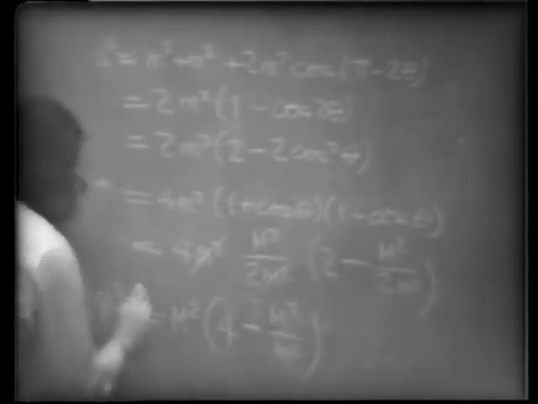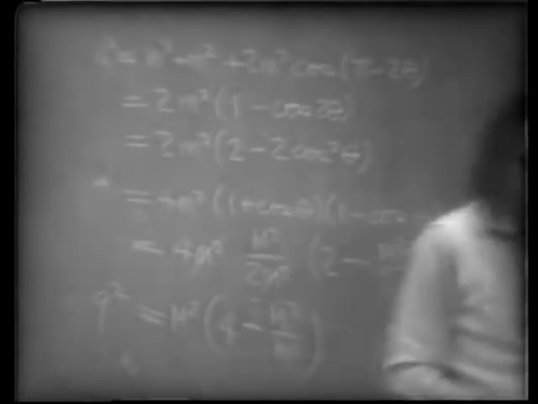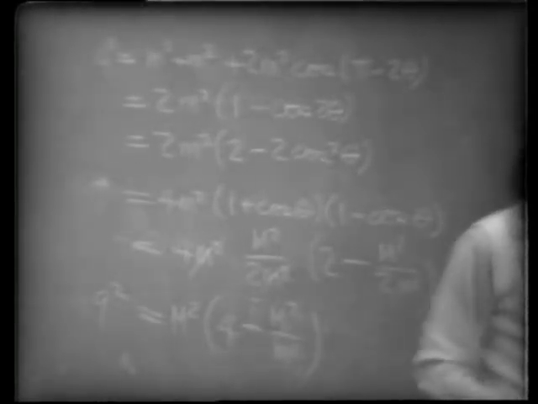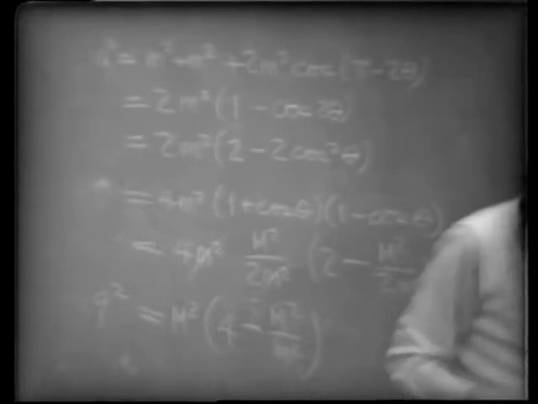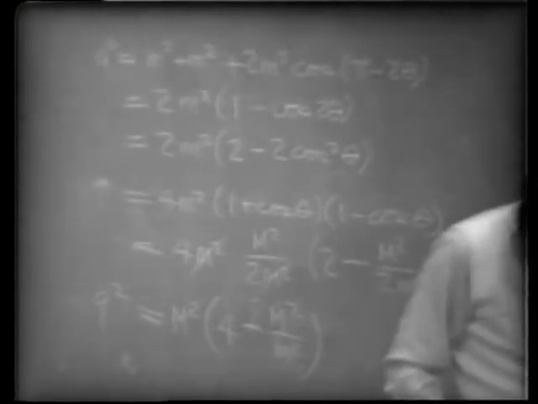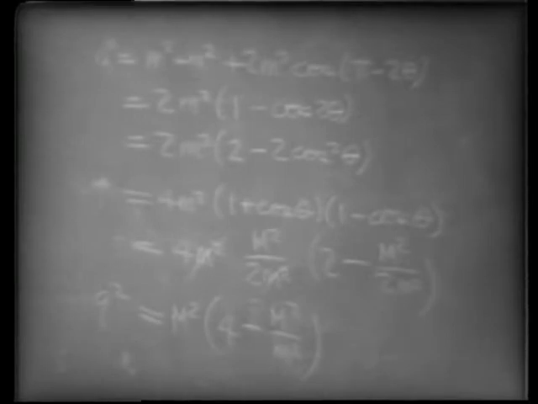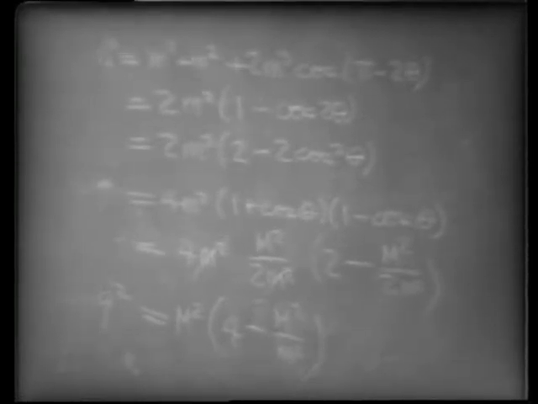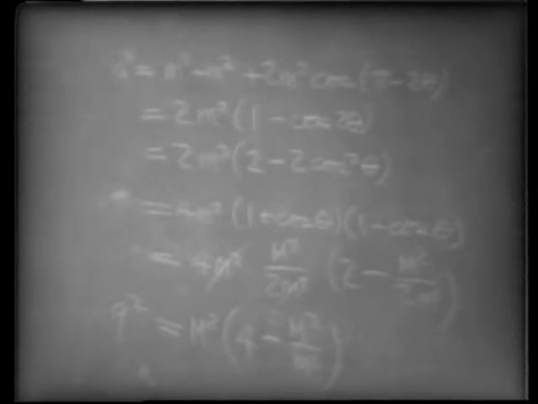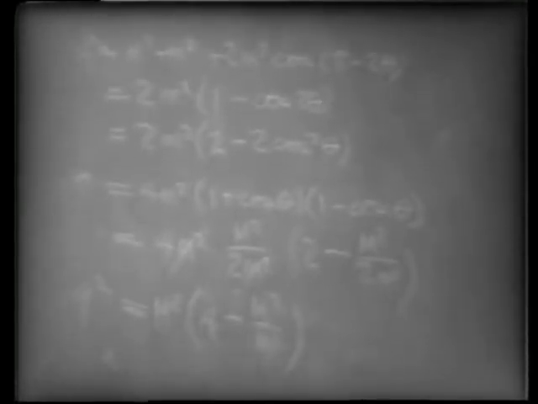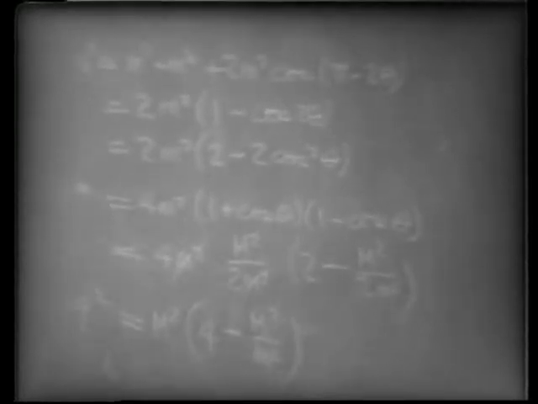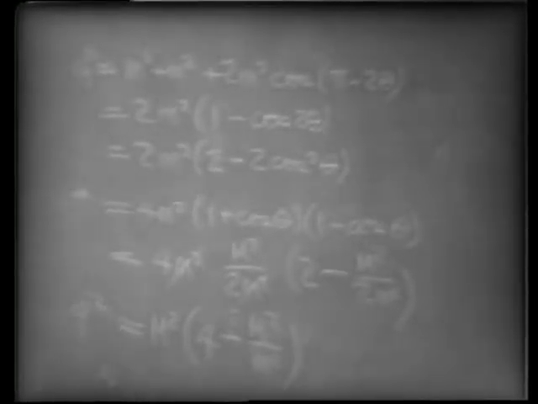Okay? Is this point clear? This is the location of the anomalous threshold obtained by high school level Euclidean geometry. I should say a little trigonometry also. But now the first thing we observe is that this could be well below the normal threshold, the lowest normal threshold, if the Deuteron is sufficiently weakly bound.